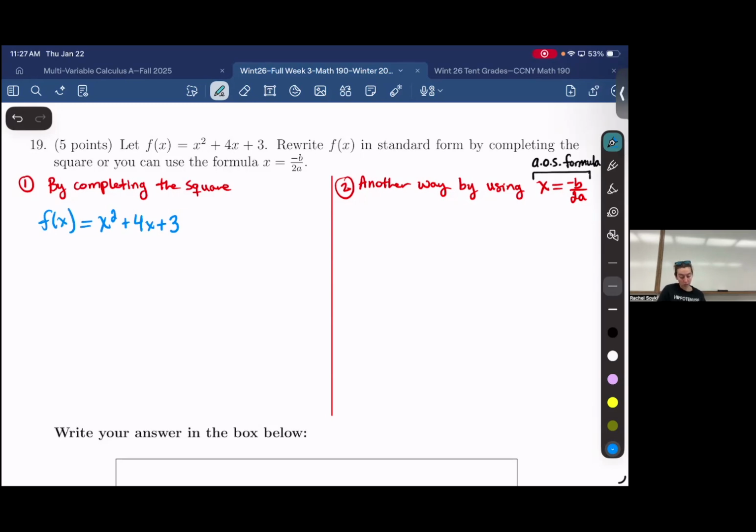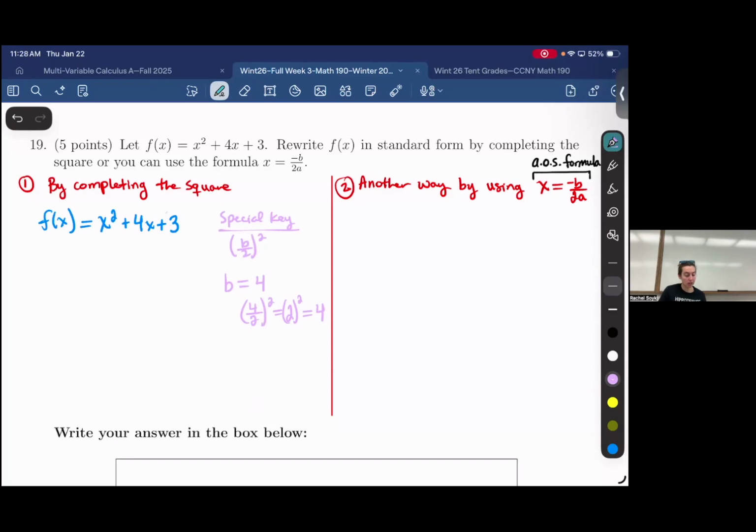Now, when you're dealing with completing the square, we immediately want our mind to think about our special key, which is our b divided by 2 in parentheses squared. And our b value here is equal to 4. So if we plug in 4, you get 4 divided by 2 in parentheses squared, which is just 2 squared, which is 4.